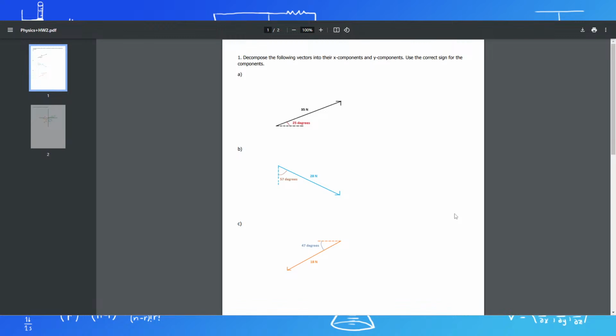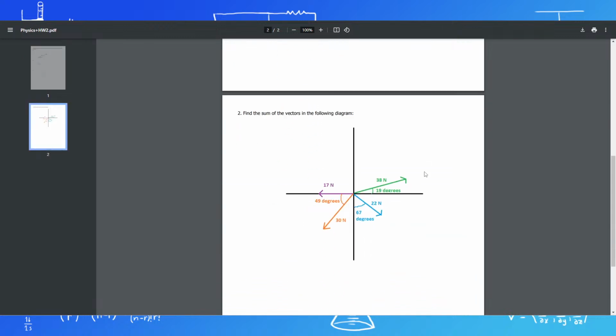Because you're going to be playing with vectors like this a lot, and if you have to carefully draw your triangles every single time and write your SOHCAHTOA every single time and do your cross multiplication, that's going to slow you down.